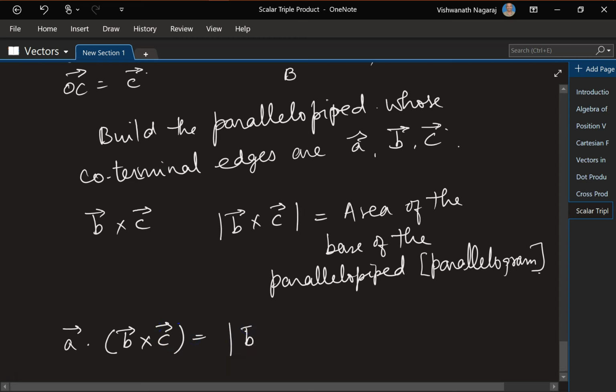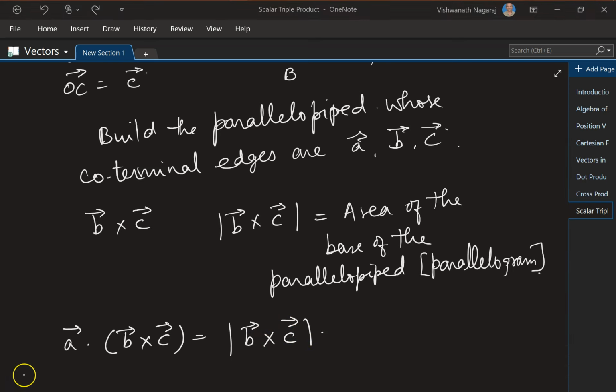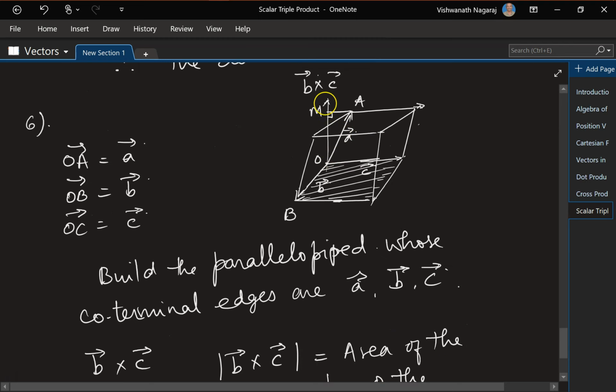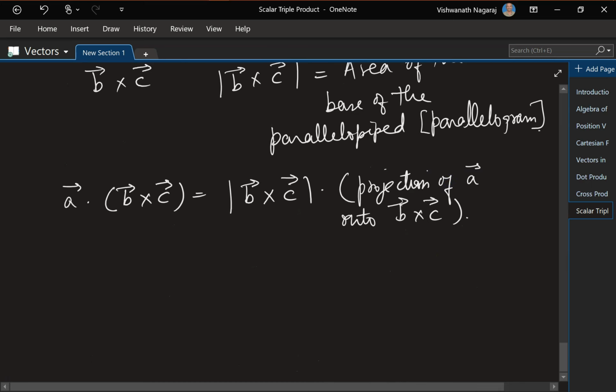We get the magnitude of B cross C times the projection of A onto B cross C. This projection is nothing but OM.